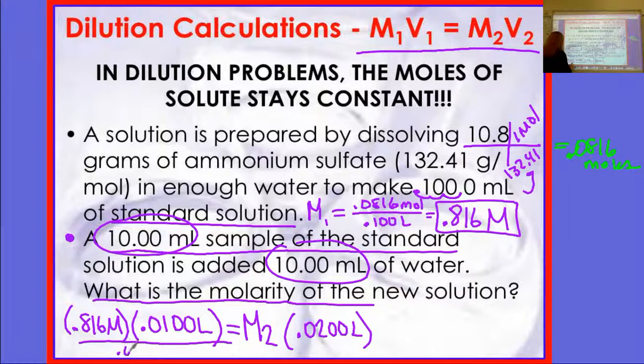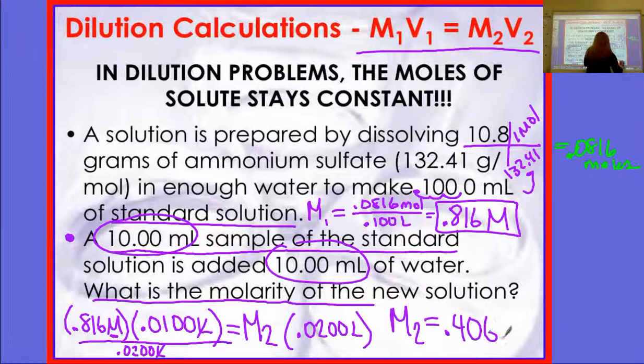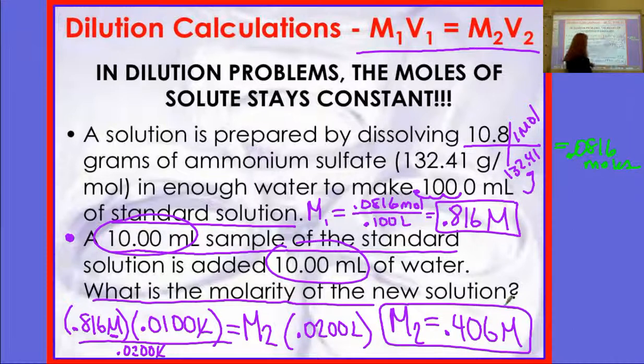Dividing both sides by 0.02, liters cancel. My units are going to be in molarity. That's what I want, I want M2. Punch that in your calculator. M2 comes out to be 0.406. M2 is always less than M1, because I'm diluting, I'm adding water, it's becoming less concentrated.